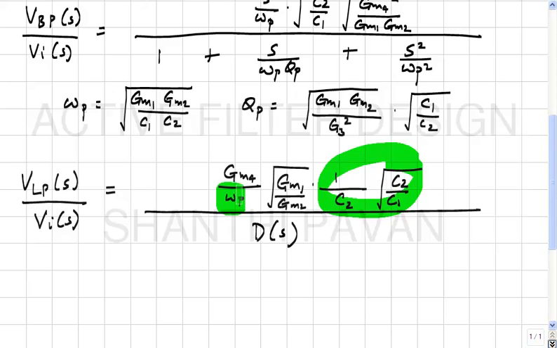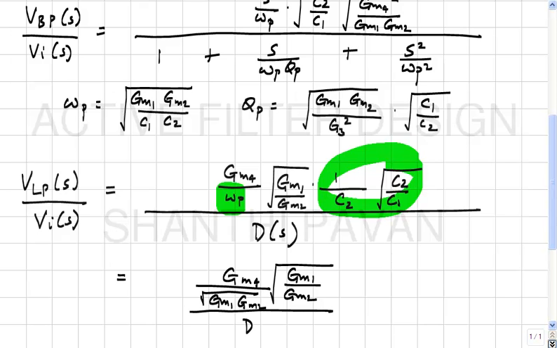So the numerator can therefore be simplified as GM4 times square root of GM1 by GM2, divided by square root of GM1 GM2, this divided by d of s, which is what?